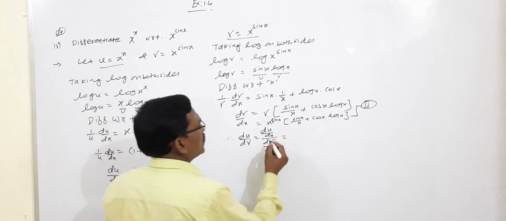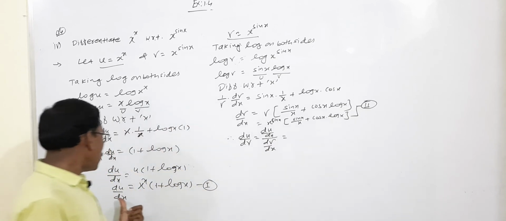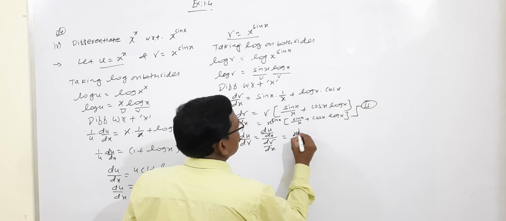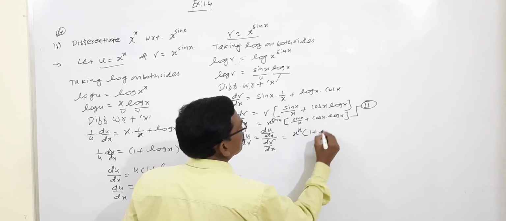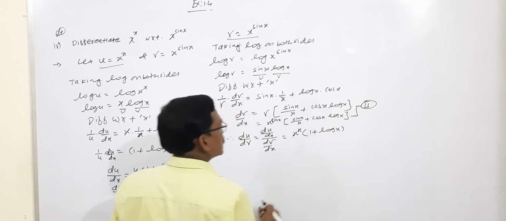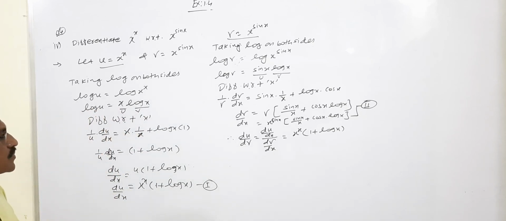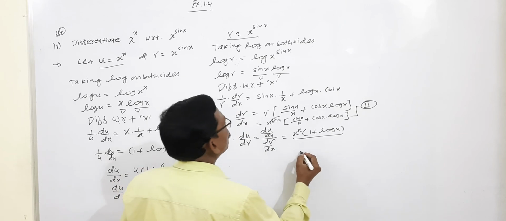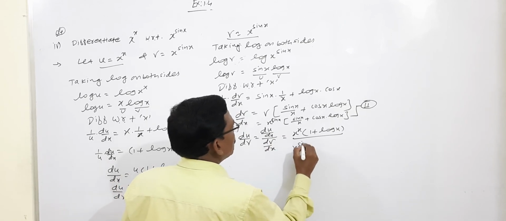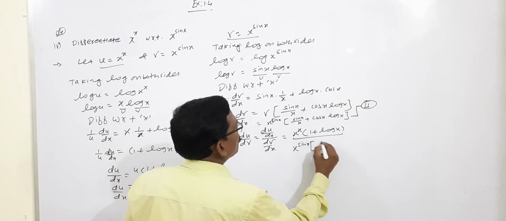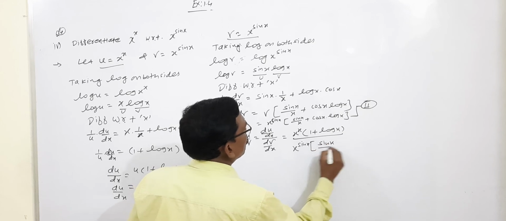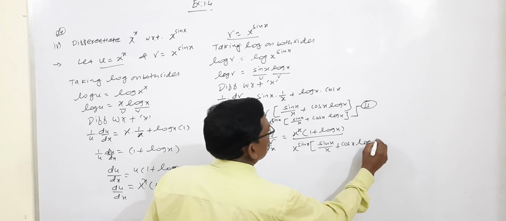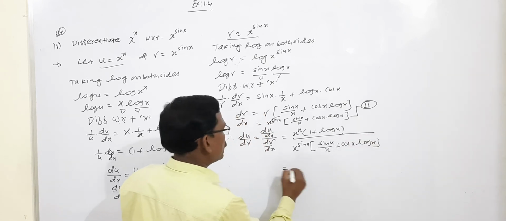Now du by dx from equation 1 is x to the power x into 1 plus log x, and dv by dx is equal to x to the power sin x into sin x upon x plus cos x into log x. Now we simplify this.